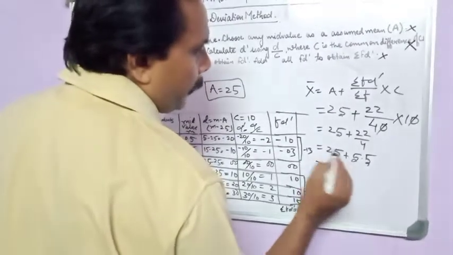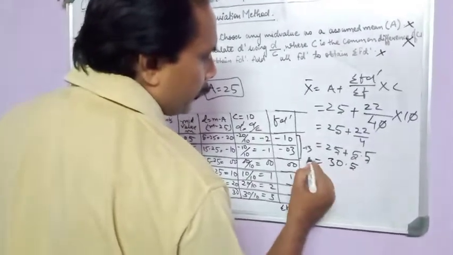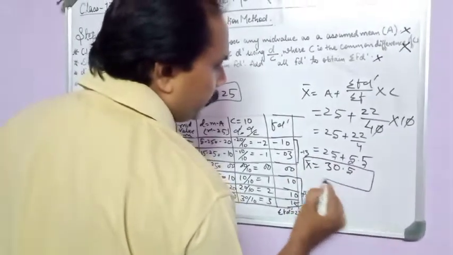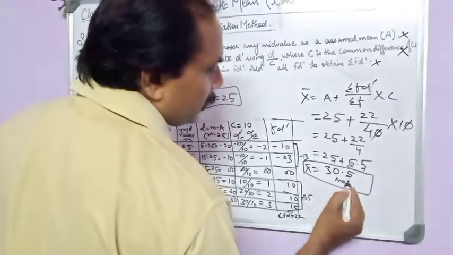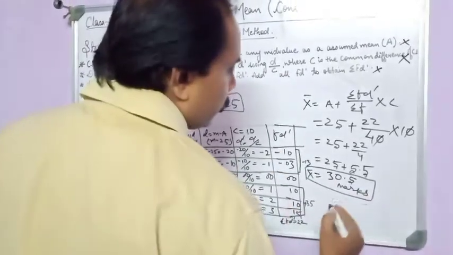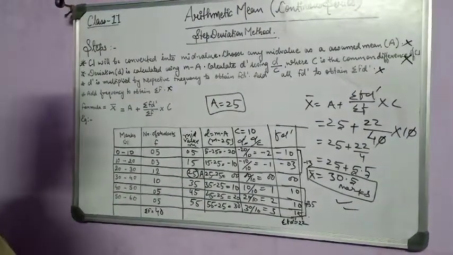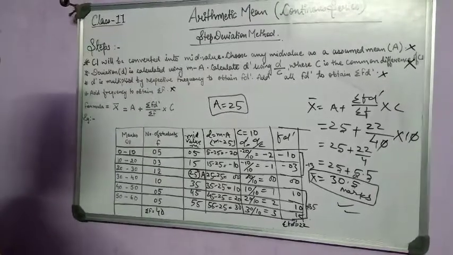So 25 plus 5, that is 30 and 0.5. We have already calculated the arithmetic mean, 30.5, and its unit is marks. So here the variable is marks. Clear? So it is very easy, and try to solve all this.